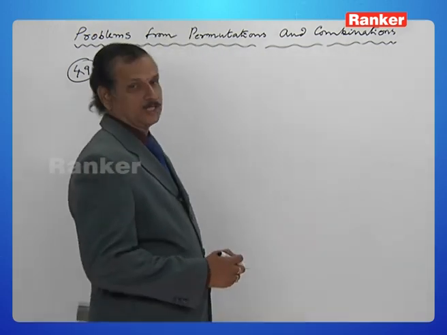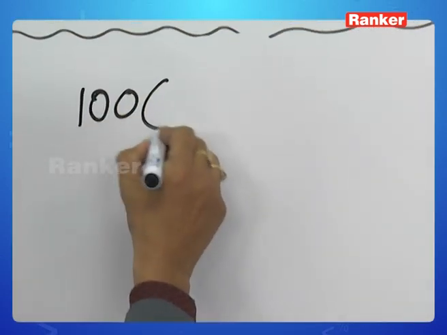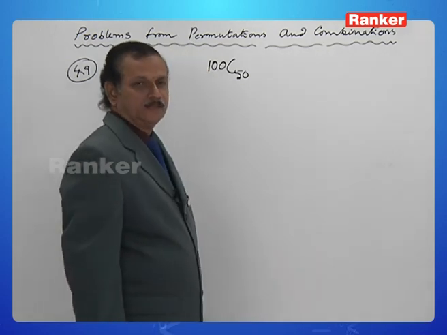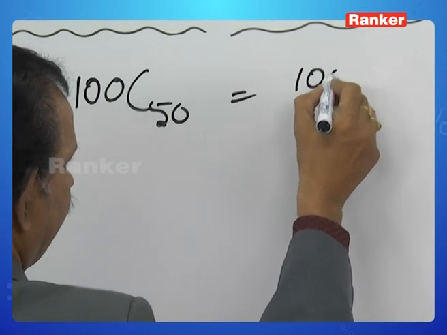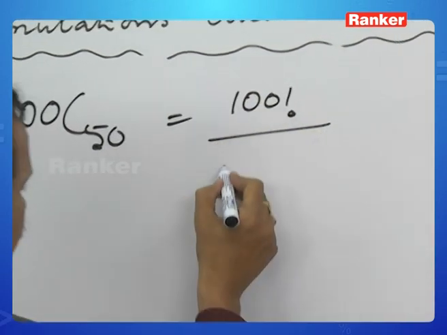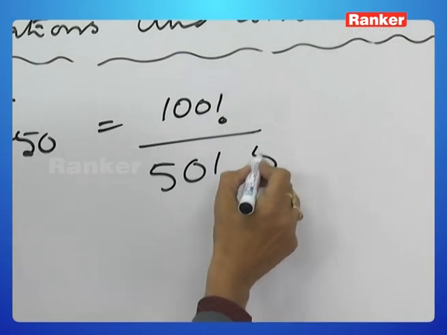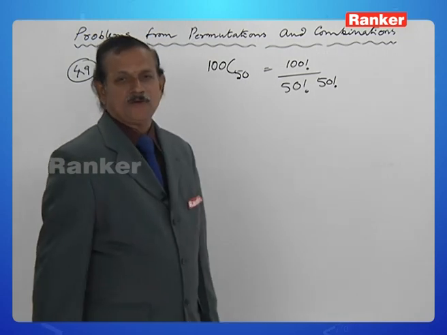What is the actual number given? 100C50. Using the nCr principle, what is 100C50? 100 factorial by 50 factorial into 100 minus 50 factorial, that is 50 factorial. What do you want to have?